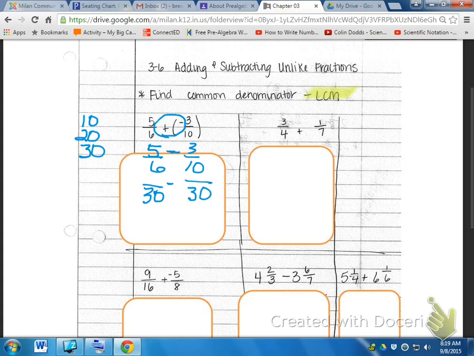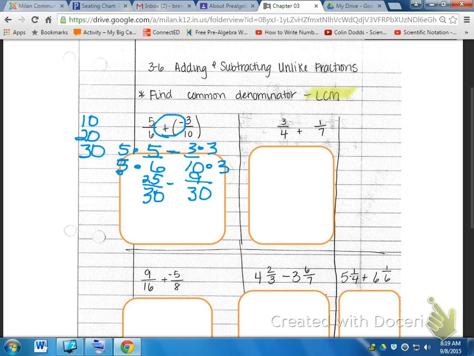And the way that you do this is, first of all, with 5/6, you ask 6 times what gives us 30? Well, it's 6 times 5. So you have to take 5 times 5, making it 25/30ths. Then 10 times 3 is 30, so you've got to do 3 times 3, which is 9.